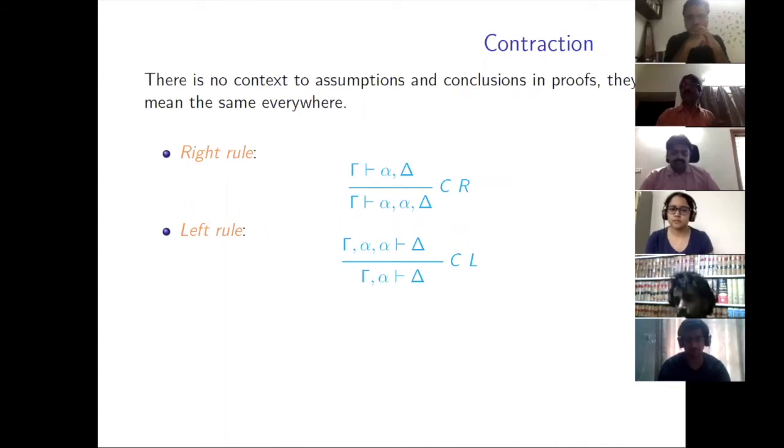You can use conclusions as much as you like. They are for free. So there is no context dependence to assumptions and conclusions and proofs. They mean the same everywhere. For Gentzen, these are things not to be taken for granted, and as we will see, there are logics where you won't be able to.